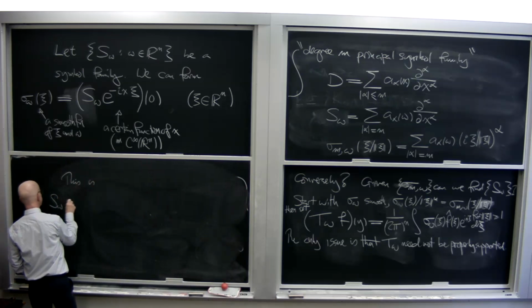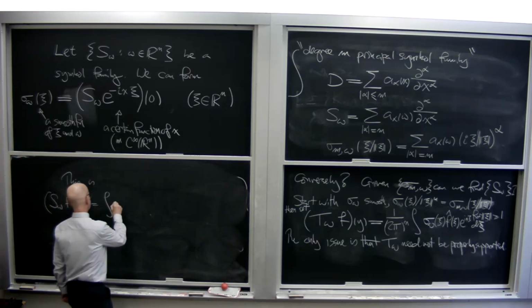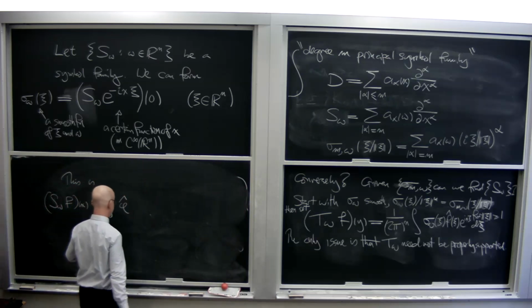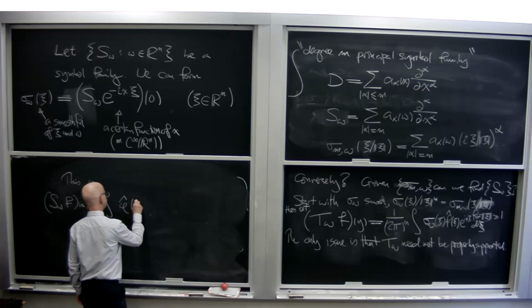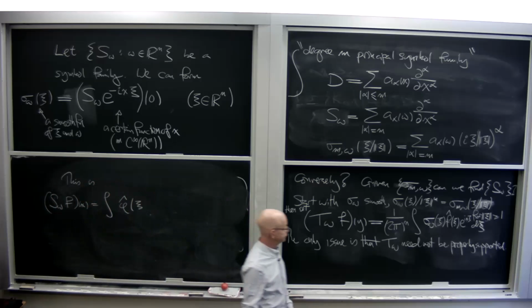So this operator, you can tidy it up a little bit if you want to. What this operator is, you can take the Fourier transform of this psi function. Let me get the notation right.